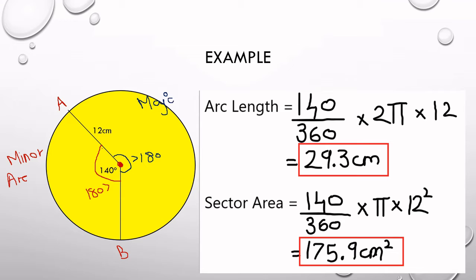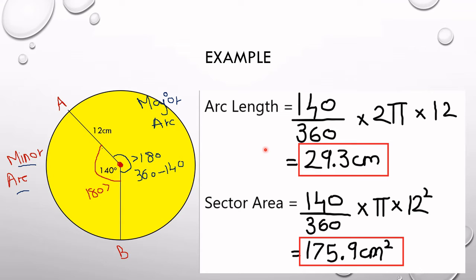Write it, major arc. So you have to be careful about what it asks. If it asks for the minor arc, you have to use 140. If it asks for the major arc, you have to use 360 minus 140. So for this question, it's asked for minor arc AB.